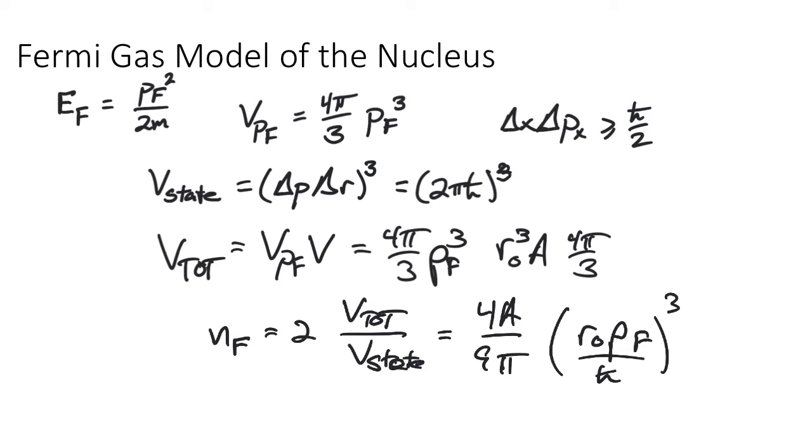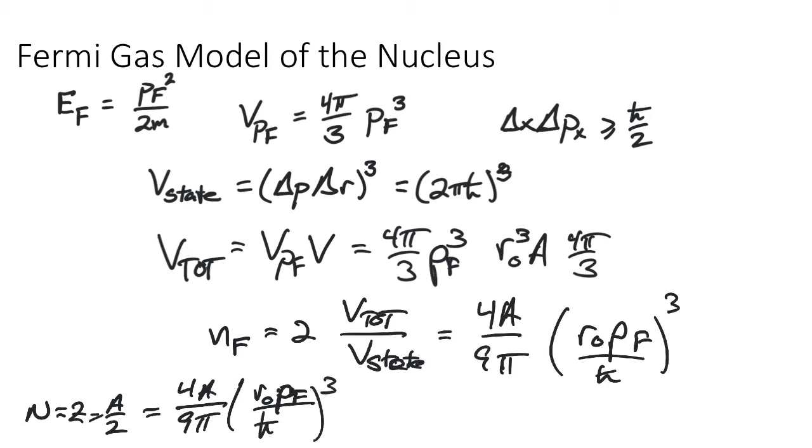So for a nucleus with N equals Z equals A over 2, plugging this in for A over 9 pi r0 p_F over h bar cubed, we can find that the Fermi momentum is in fact something like h bar over r naught times 9 pi over 8, the cube root of that.